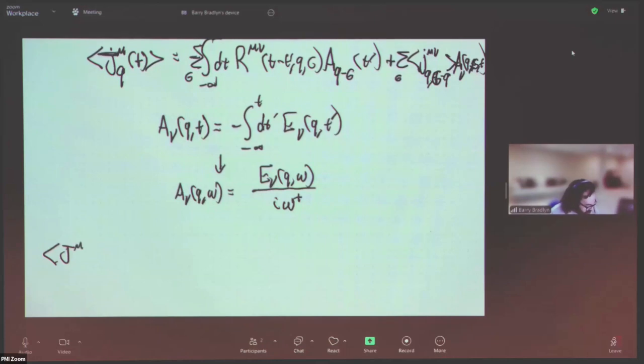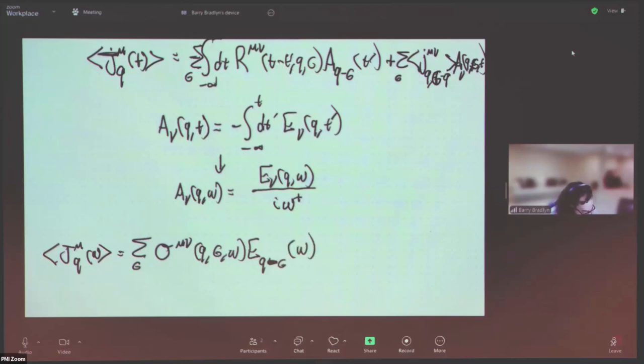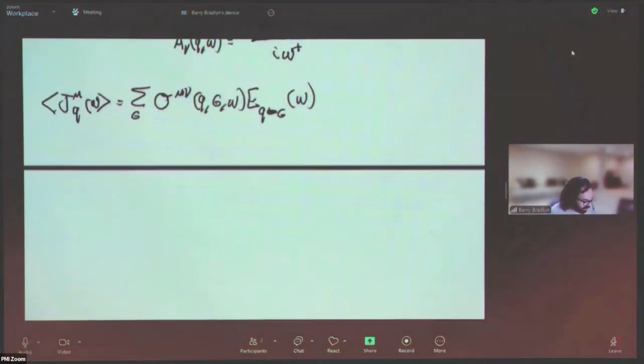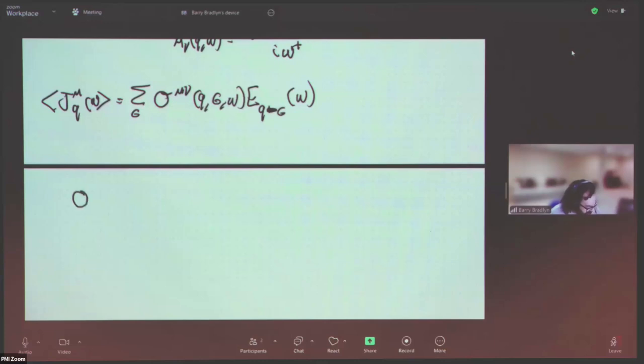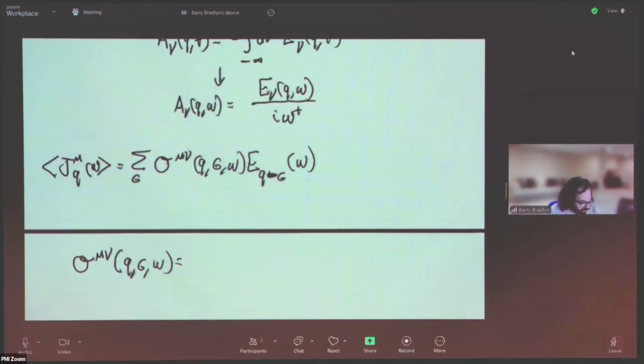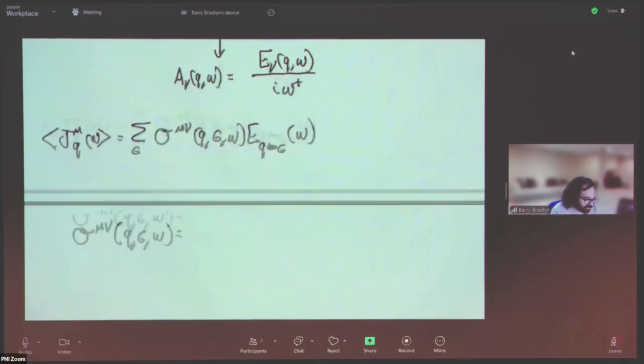The average j mu of q and omega is a sum on g of the response function sigma mu nu of q, g, omega times E nu of q minus g, omega, and sigma mu nu, and this is where we will leave it for the morning, is, take into account this factor here.